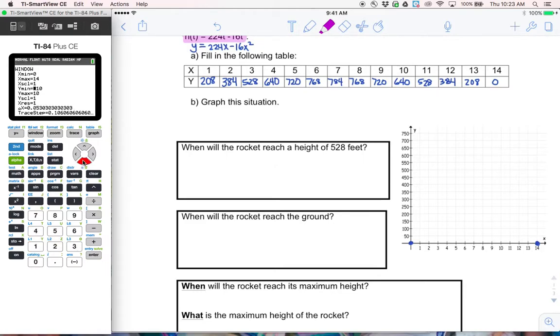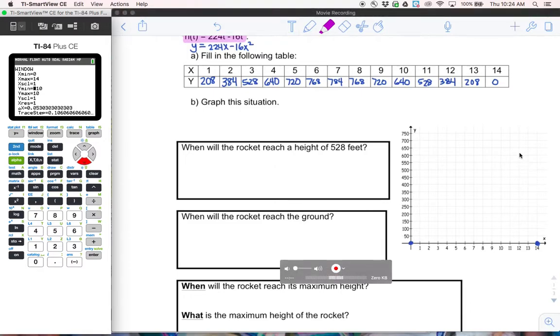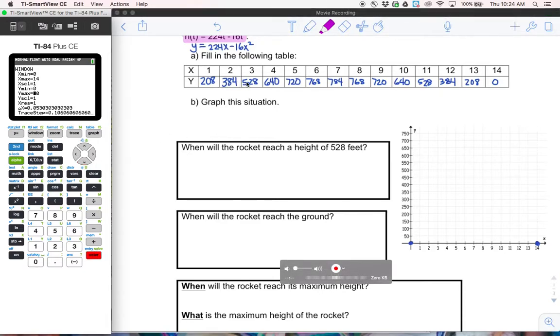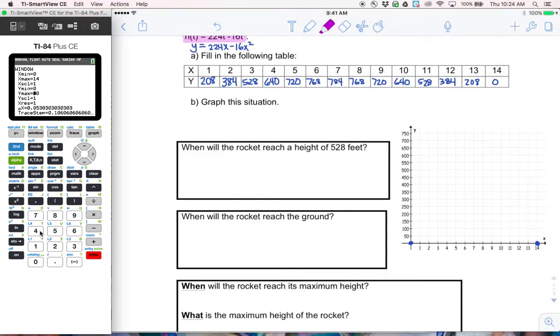My lowest y value was 0, so let's type in 0 for my y minimum, and my y maximum is 784, the highest y value. So we type in 784.